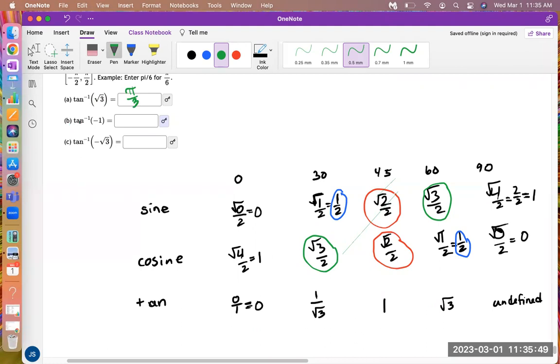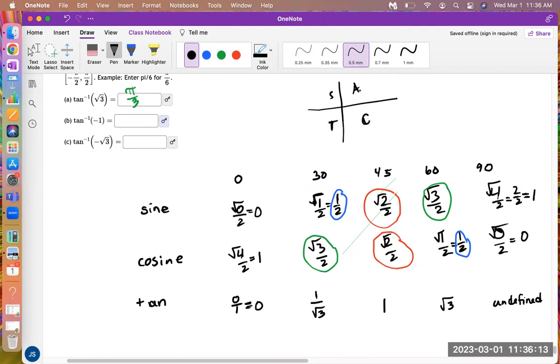Then they ask, okay, what's tangent inverse of -1? Well, tangent inverse of +1 would have been 45 degrees. But quickly, we have a negative. So, all students take calculus.